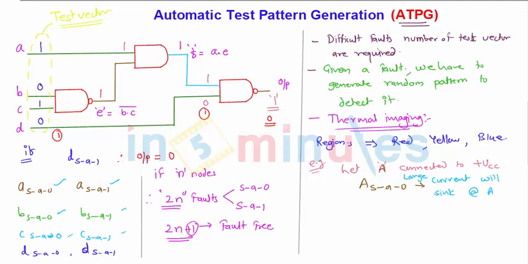But the very first disadvantage is that it takes plenty of time. Why? Because each time you subject the circuit to a test vector, you take a thermal image.